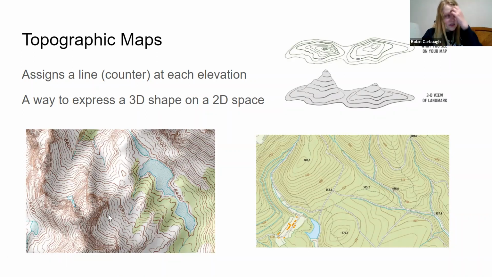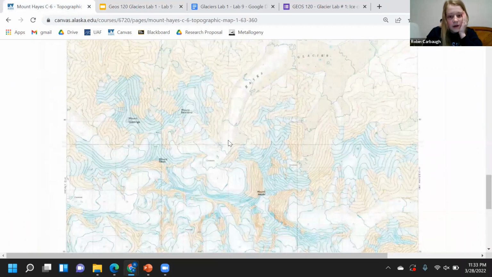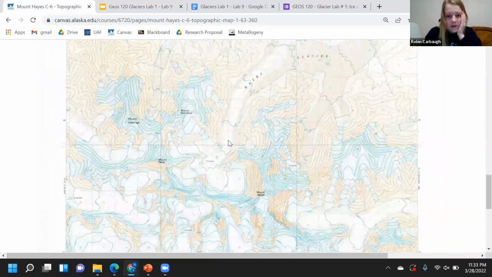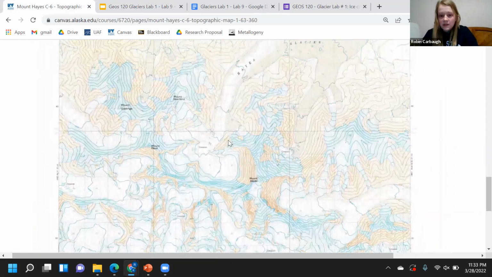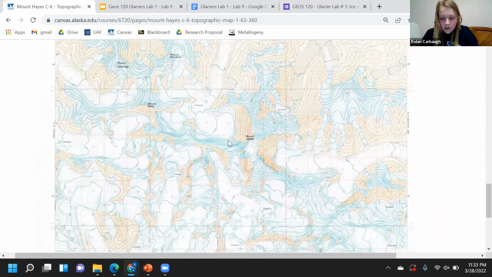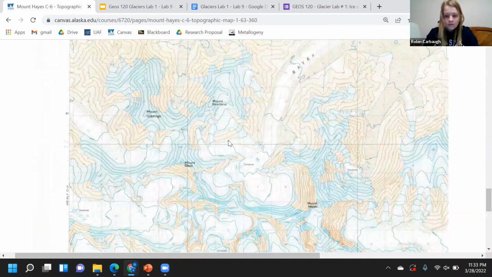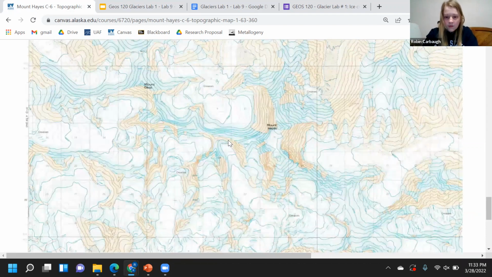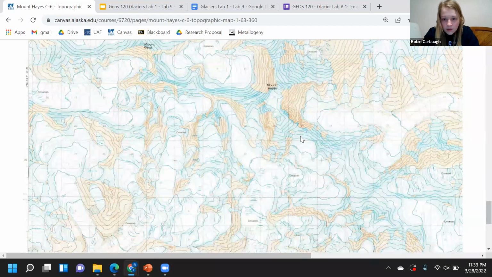So some of the parts in this lab are going to be looking for mountains and mountain height and different glacier height.